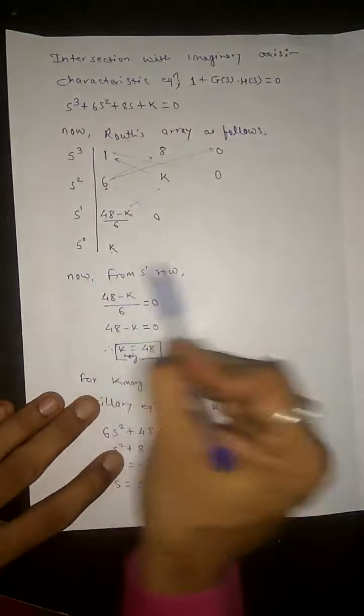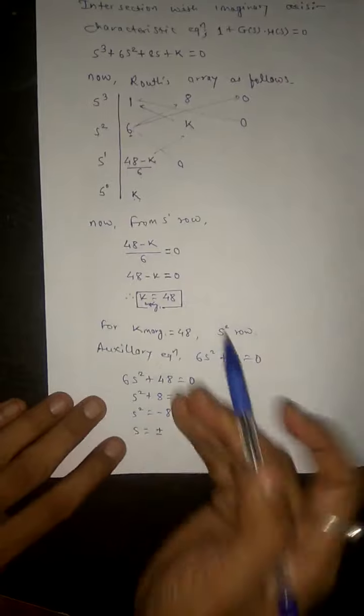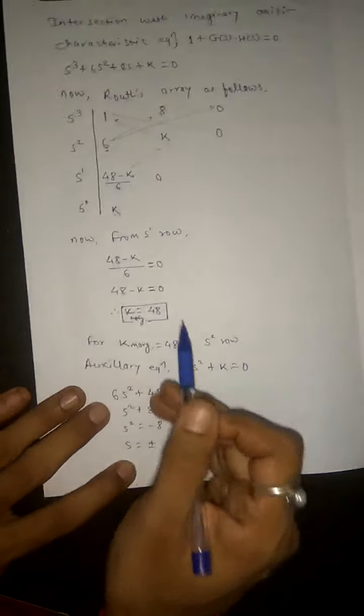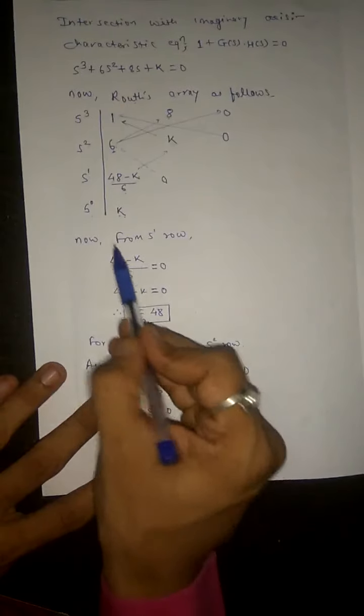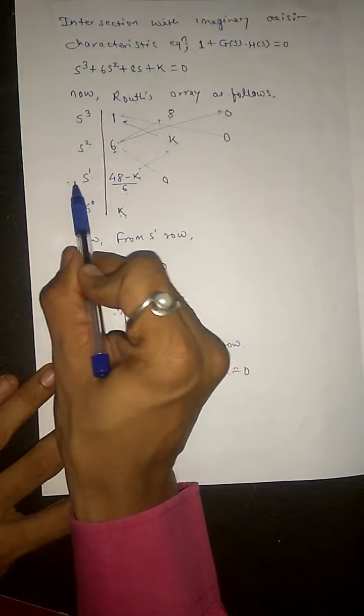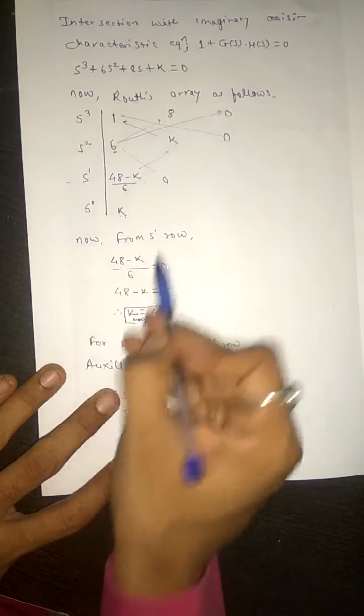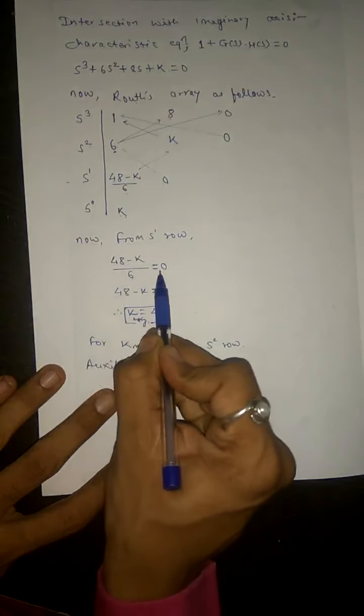For this pattern, we'll calculate the value of k marginal. How can it be calculated? Consider the s raised to 1 row, this one, and copy this value, (48 minus k) by 6. So (48 minus k) by 6 equal to 0.